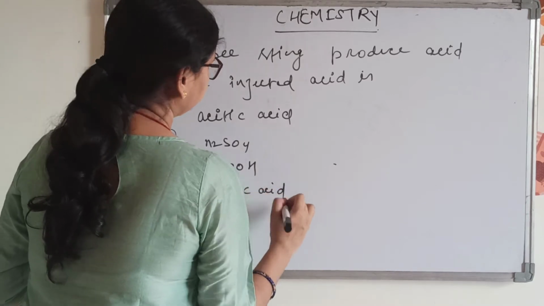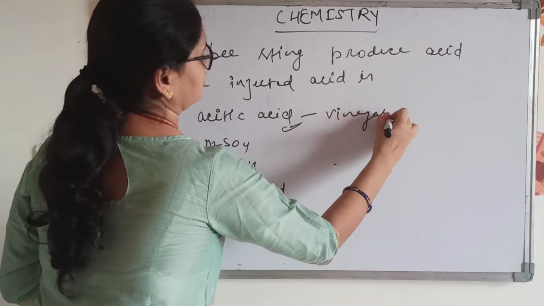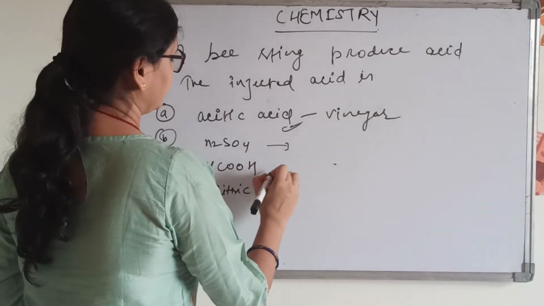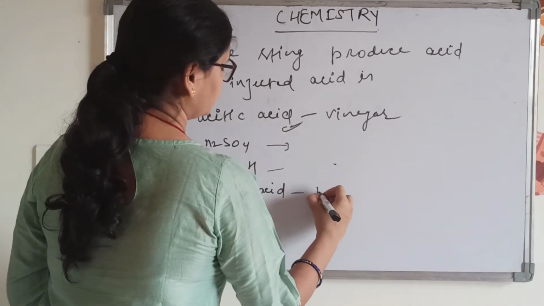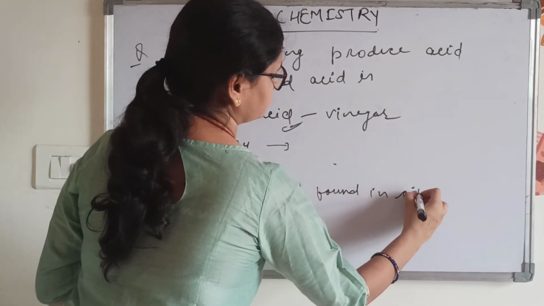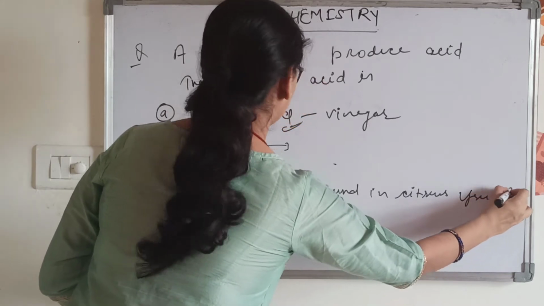Now see, acetic acid is known as vinegar. Understood? H2SO4 we already know, methanoic acid we know, and citric acid is found in citrus fruits like lemon and oranges.